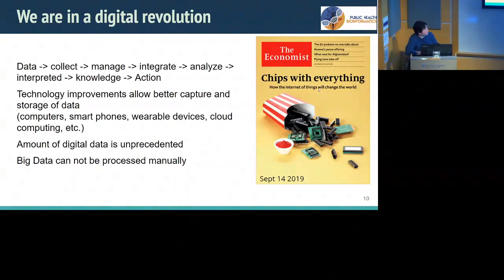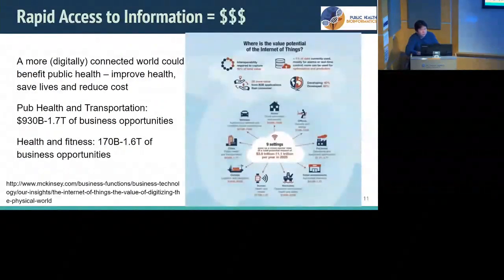And there's actually a recent cover from The Economist talking about the Internet of Things, which is what I would like to talk to you about today as well. A more digitally connected world could also benefit public health. A white paper published by McKinsey showed that a more interconnected world can actually provide public health and transportation opportunities that are in the high billions to $1 trillion range.